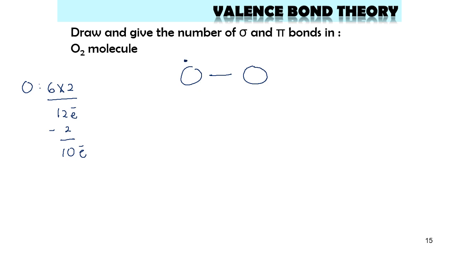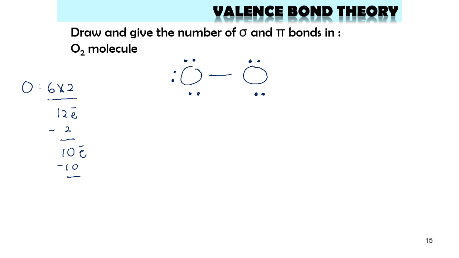So distribute them: 2, 4, 6 octet, and another one 2, 4. Okay, so finish with all the 10 electron, but then you have a problem here. This oxygen is not octet.